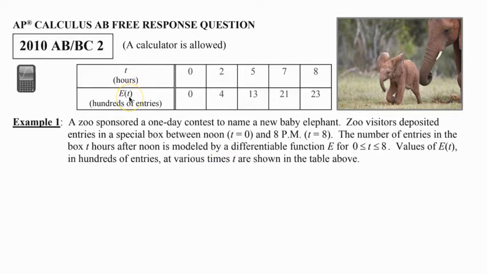Entries. Average value of E of t. So I would do 1 over b minus a, 1 over 8 minus 0, or 1/8, dividing by that time interval, the definite integral from 0 to 8 of e of t dt, and that would represent the average number of entries.